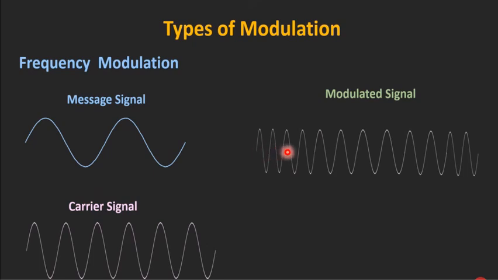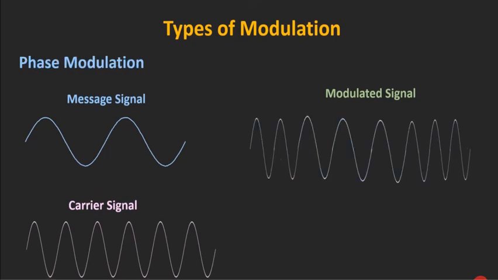Similarly, with the reduction in the amplitude of the message signal, the frequency of the modulated signal is also reduced in frequency modulation. In phase modulation, the phase of the modulated signal changes according to the message signal. In the upcoming videos, we will talk about all these different modulation techniques in detail.